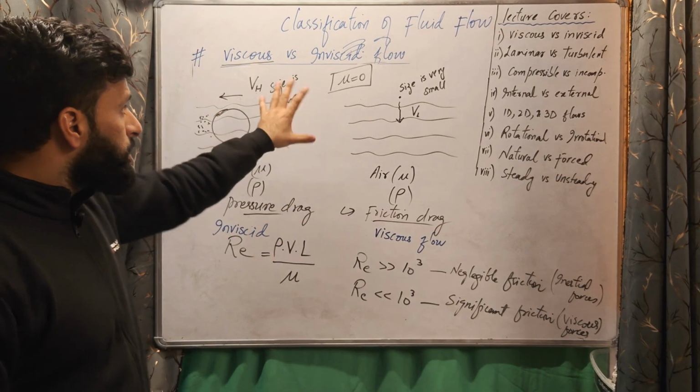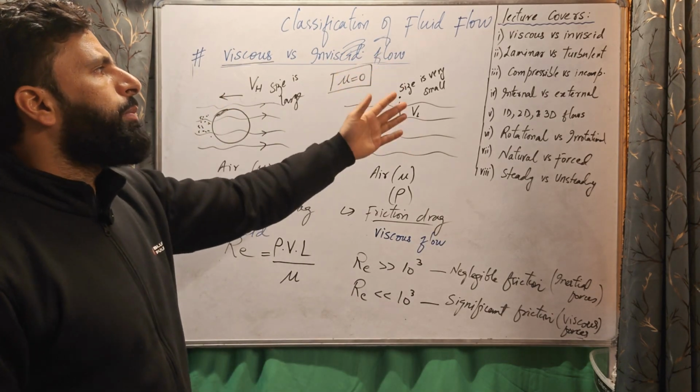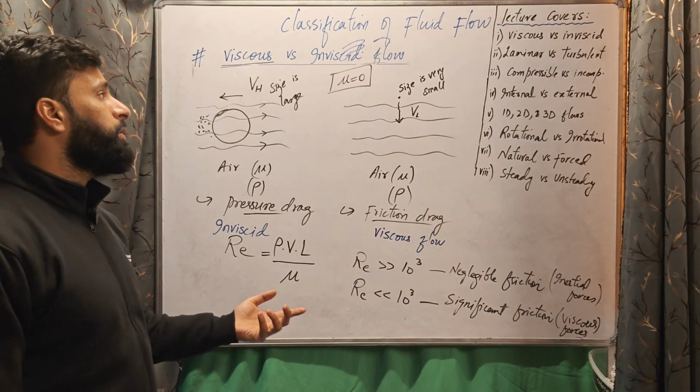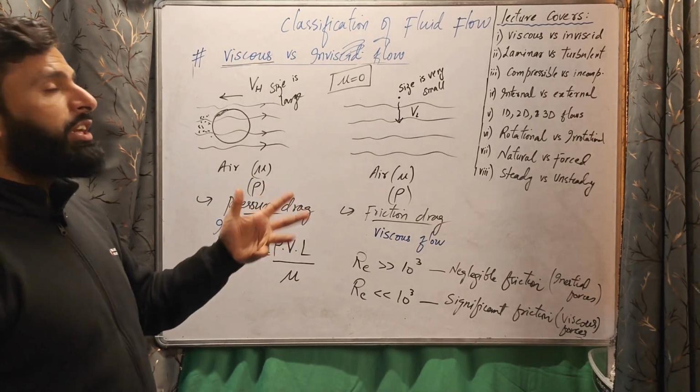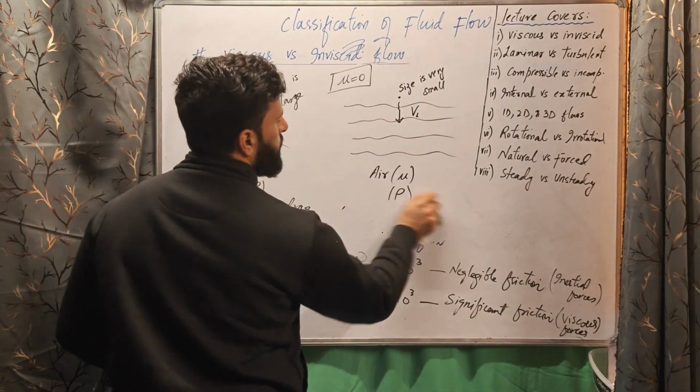This is very important. This is why when we talk about viscous versus inviscid, or laminar versus turbulent, compressible versus incompressible, we should use regions of flow, because a single flow region, let me erase this first.